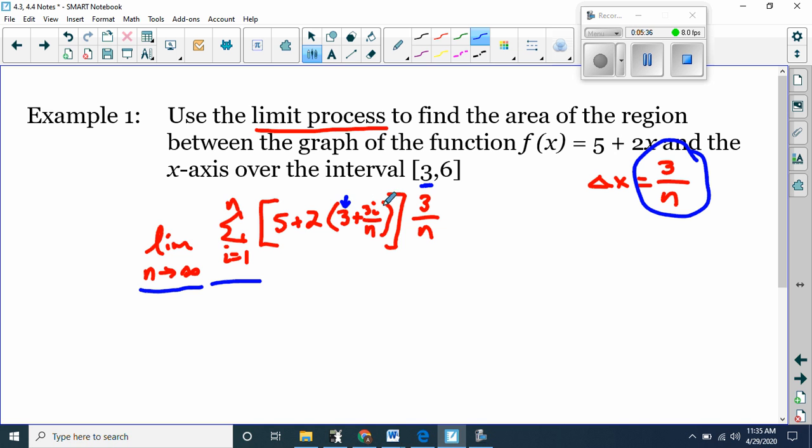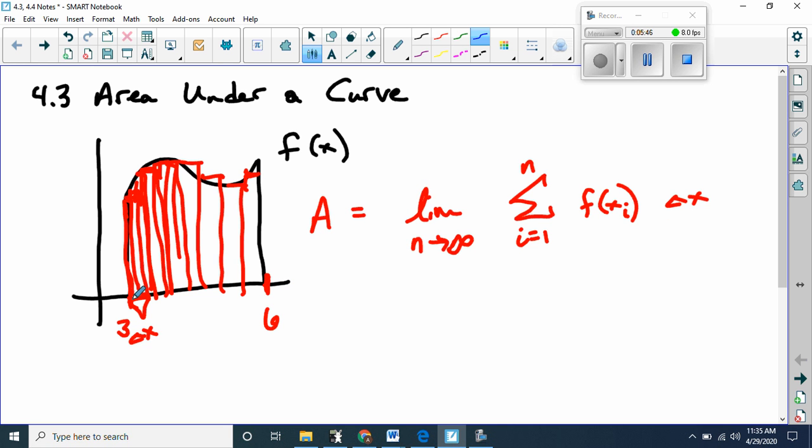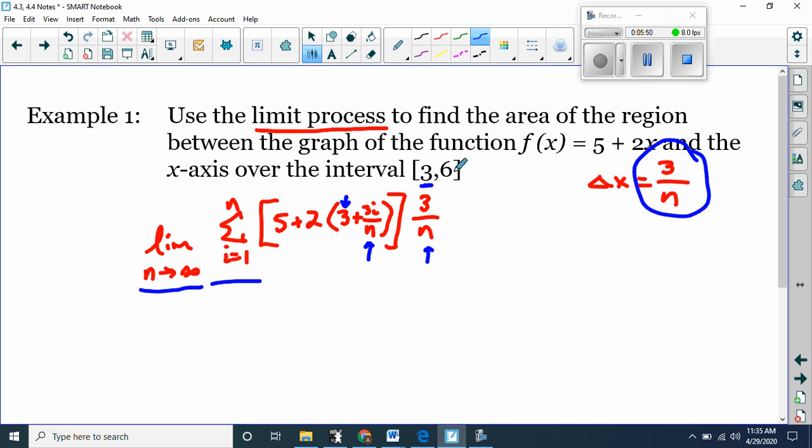So 3 plus the 3 over n, which occurs right here and right here, that comes from the distance. So in this case, from 3 to 6. From 3 to 6 is 3 units over n. It's always going to be whatever this difference is divided by n.